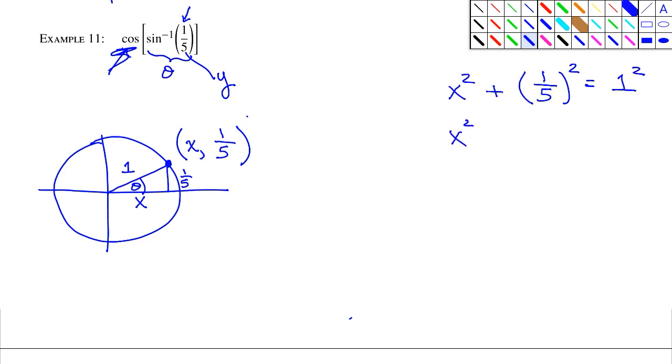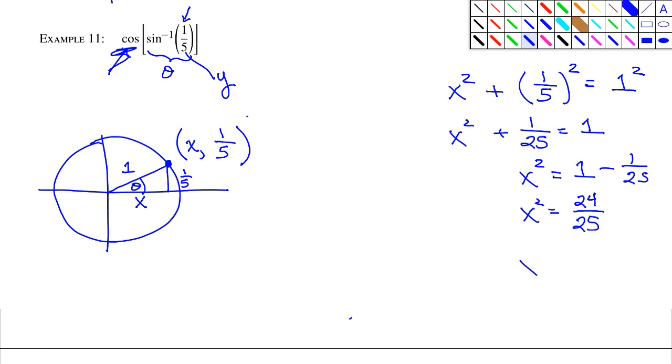So x squared plus 1 over 25 is equal to 1. X squared is equal to 1 minus 1 over 25. X squared is equal to 24 over 25. And x is equal to 2 root 6 over 5. It's positive because we're in the first quadrant.